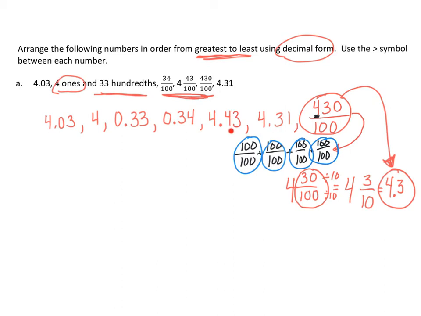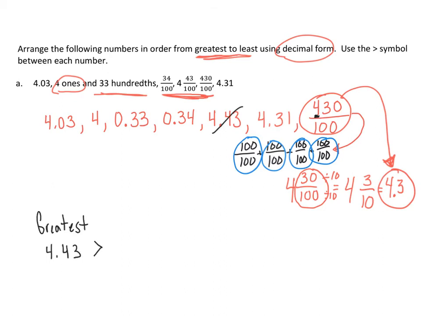That is the greatest, because this has a 0, this has no decimal next to it, this has a 3 and this has a 3. So this one right here is the greatest. So I'm going to put greatest is 4 and 43 hundredths.